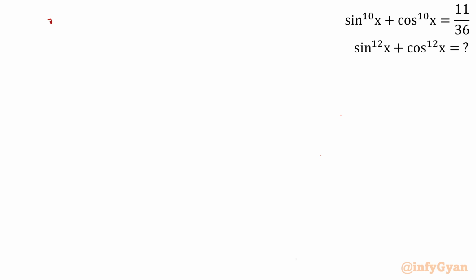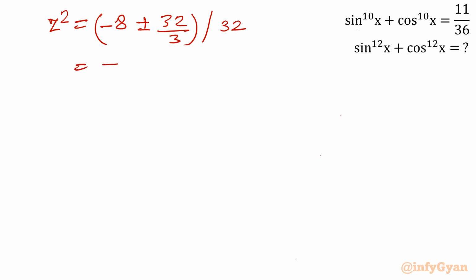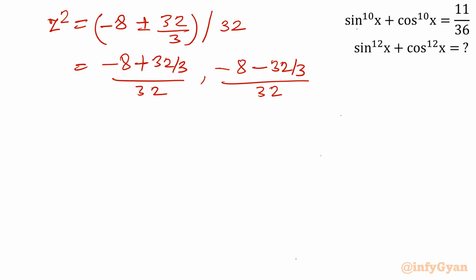Now z square will be minus 8 plus minus 32 over 3 divided by 32. So I will split this plus minus sign: minus 8 plus 32 over 3 divided by 32, and then minus 8 minus 32 over 3 divided by 32.